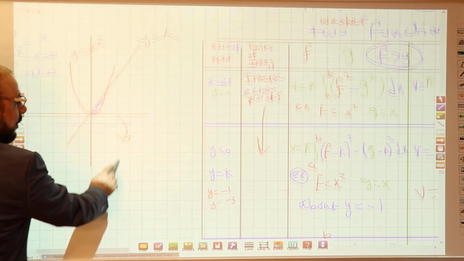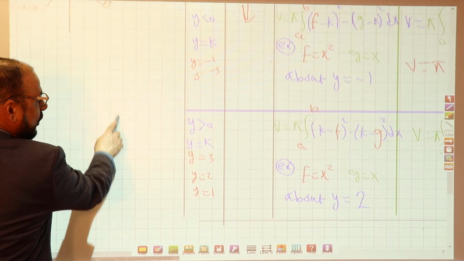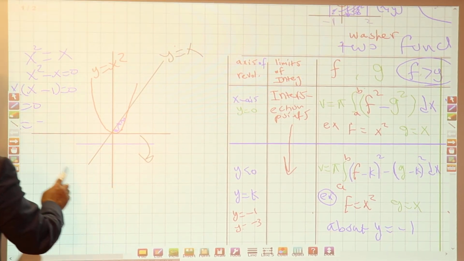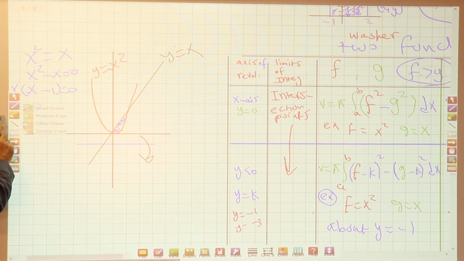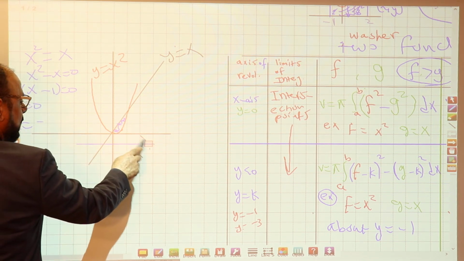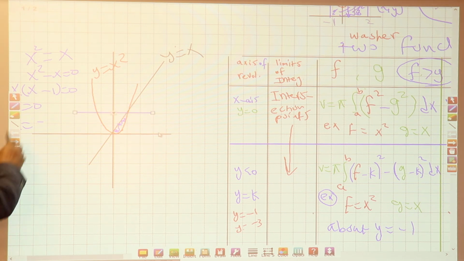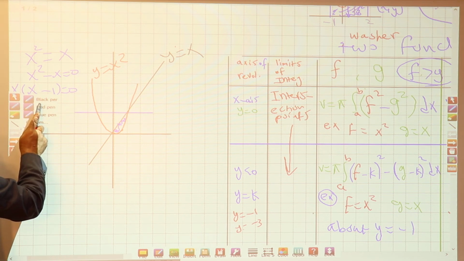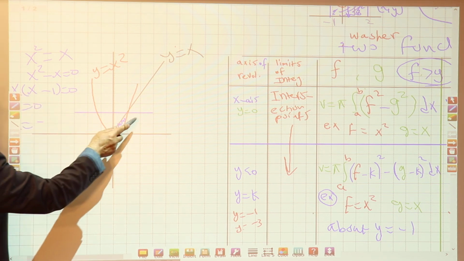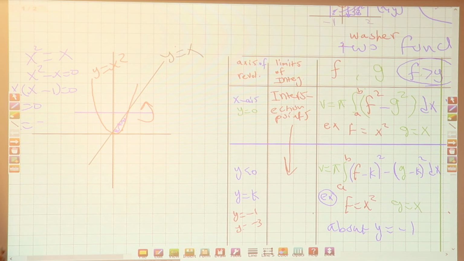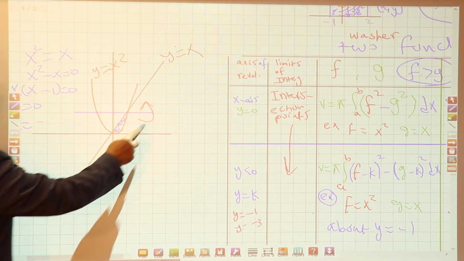Back to this, about what? y equals 2. y equals what? 2. And then this guy will go where? Up. y equals 2, we take it to here. We're going to revolve this area, the same area, about this line, y equals 2.